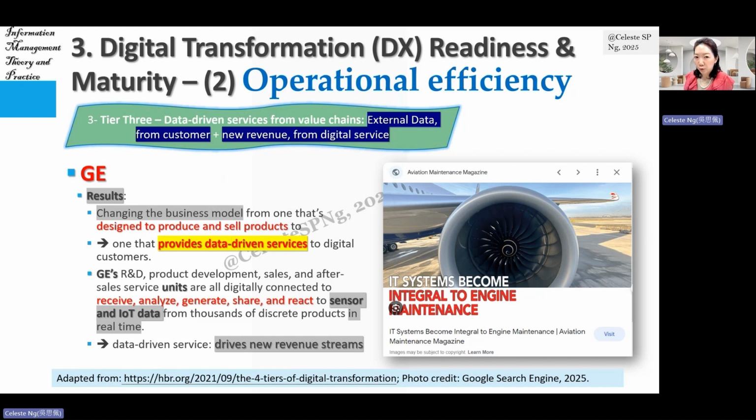And it's able to provide customer recommendations and information in real time. And this has allowed GE to drive new revenue streams.